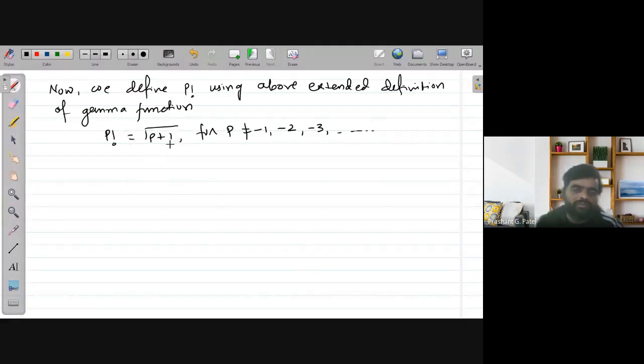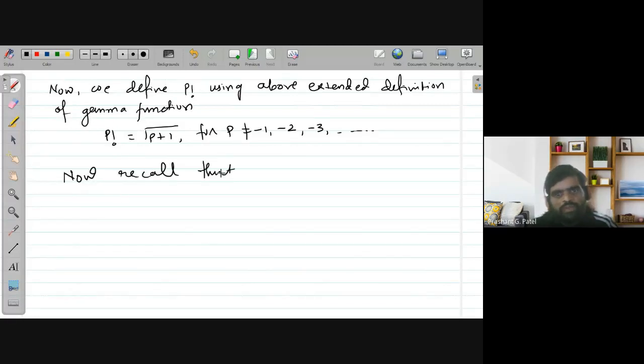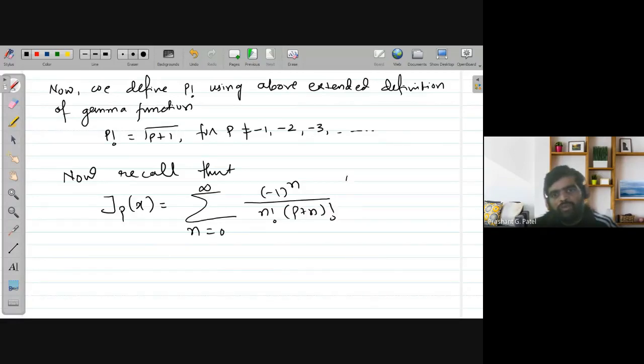So now we recall what the Bessel's function is. The Bessel's function was defined as the sum from 0 to infinity of minus 1 to the n upon n factorial into p plus n factorial, into x by 2 to the power 2n plus p. But we should note that p factorial is gamma p plus 1.